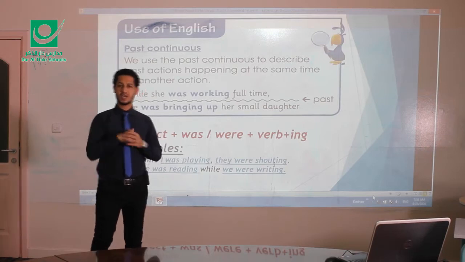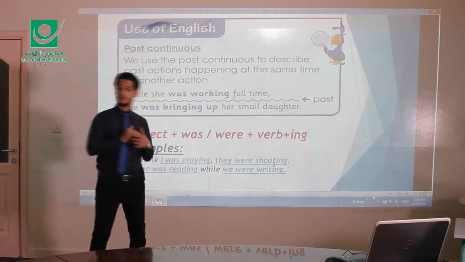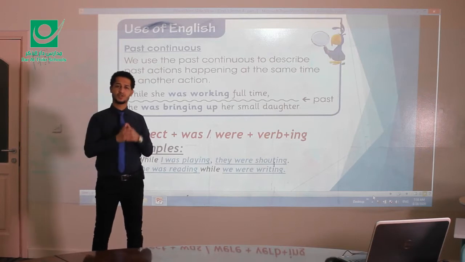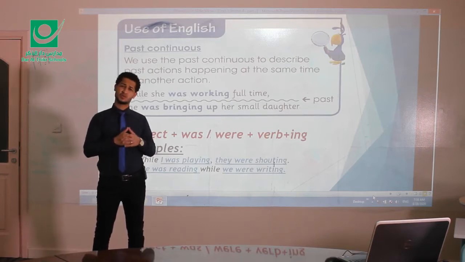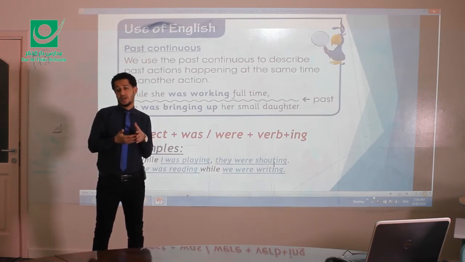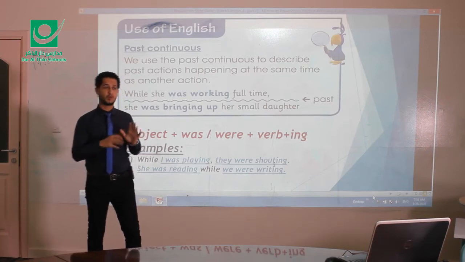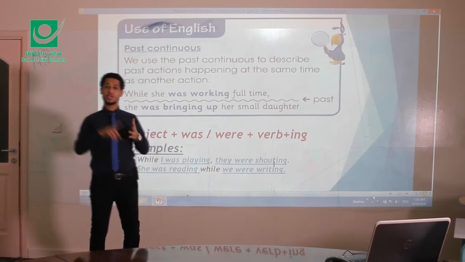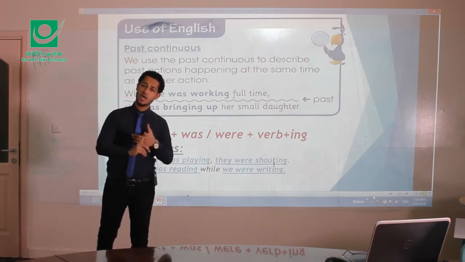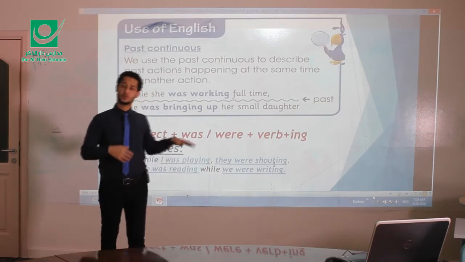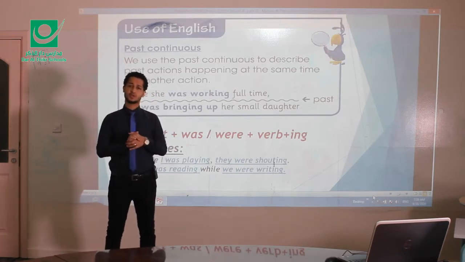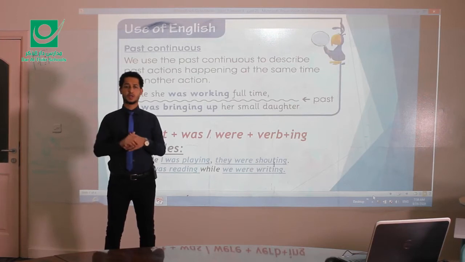So again, I say he was, she was, it was, I was, and I can say Ahmed was, singular noun. Okay? So again, was after he, she, it, I, or any singular noun. What about were? Any other subject, like you, they, we, and so on.